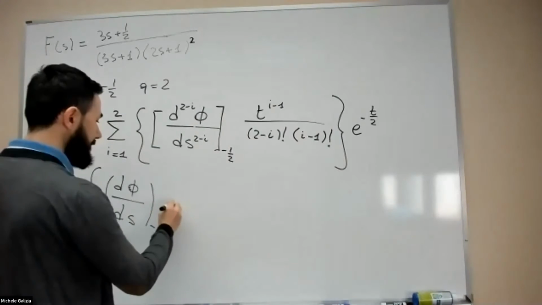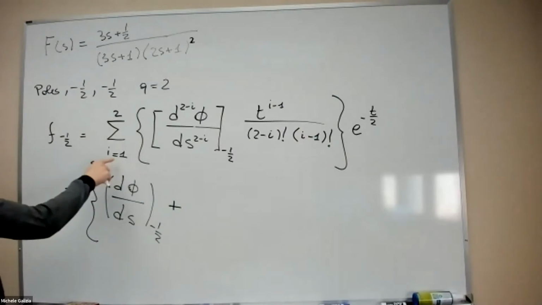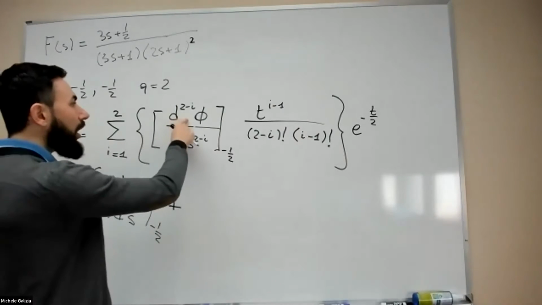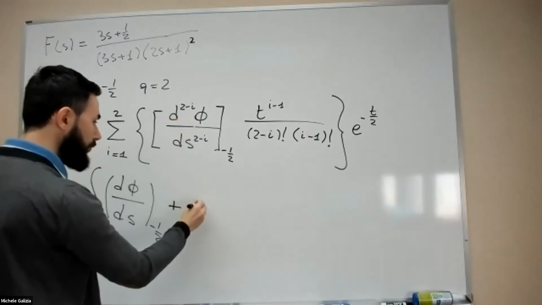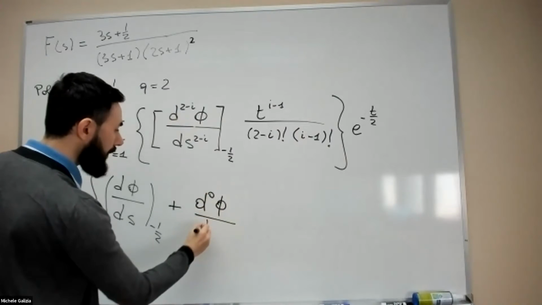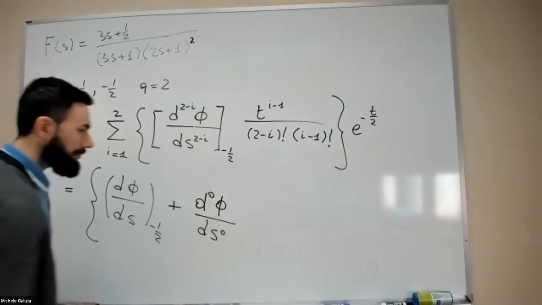Plus. Let's consider now i equal to 2. Derivative of order 2 minus 2, so derivative of order 0 of phi with respect to s. But wait a moment.